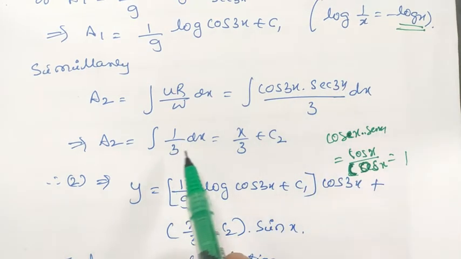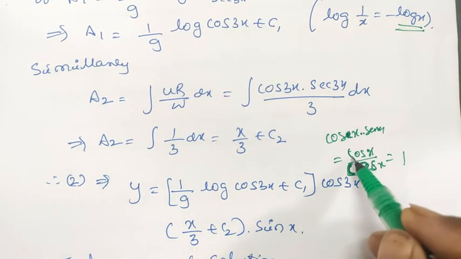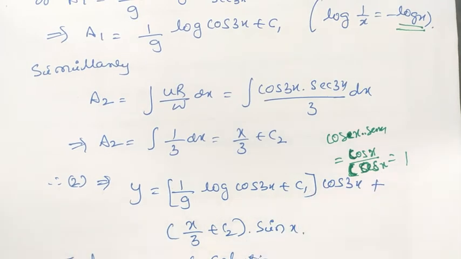So it is 1 divided by 3 into dx. Integration of 1 is x. So it is x divided by 3 plus the constant of integration c2.